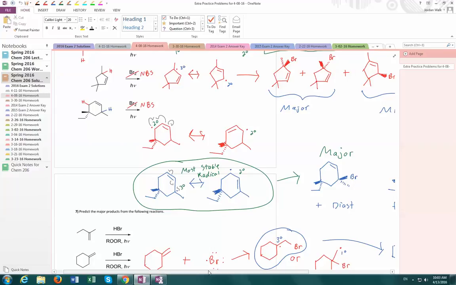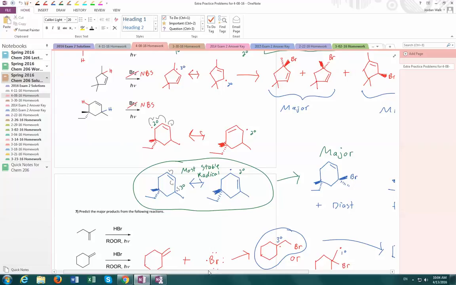So how many radicals is this right here? It's just one radical, right? These are resonance structures, and so we have a resonance stabilized radical. Just like with a carbocation, if we were to show resonance stabilization, it's just one carbocation. But in this case, it's important because this secondary carbon has radical character, as well as this carbon.